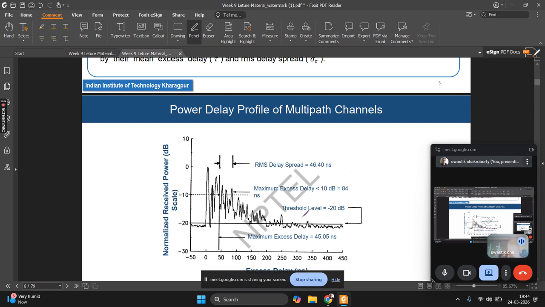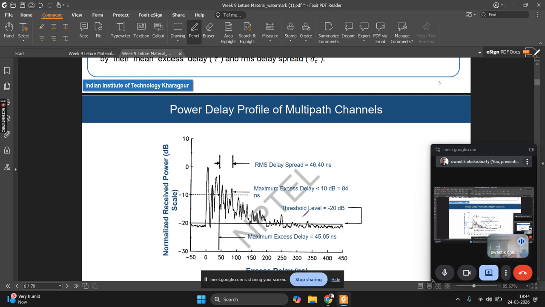Whatever power you are getting at the 0th instant, you define that to be 0 dB. You will say that you will tolerate up to 20 dB below that power. Now you will of course get theoretically infinite reflections. So you will get power till t equals infinity.